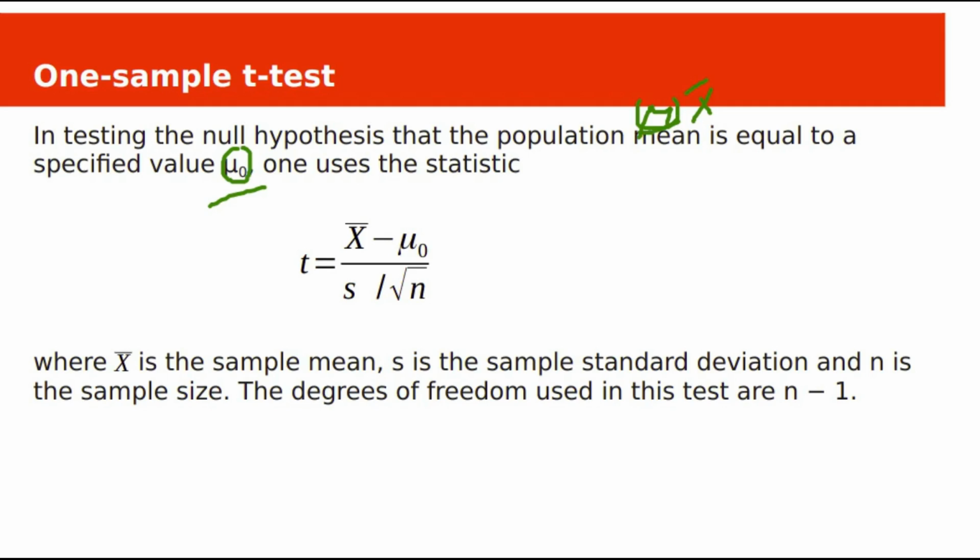In one sample t-test, we use the test statistic t equal to x bar minus mu naught by s by square root n. Here x bar is the sample mean, s is the sample standard deviation, n is the sample size. This random variable t follows student t distribution with n minus 1 degrees of freedom.